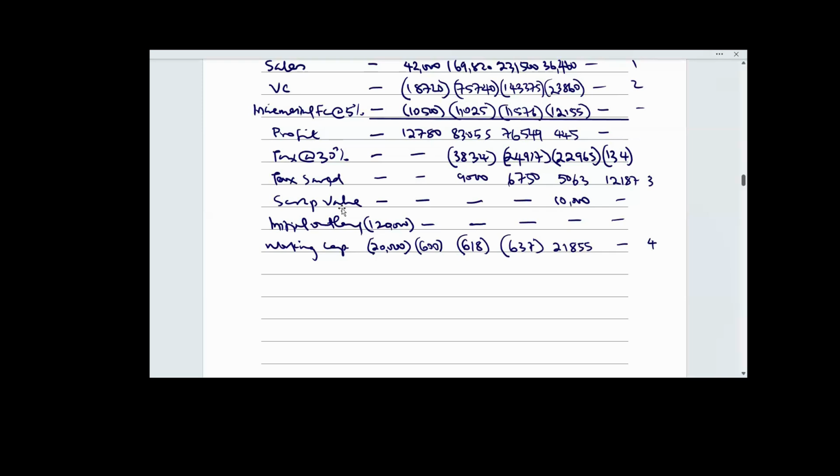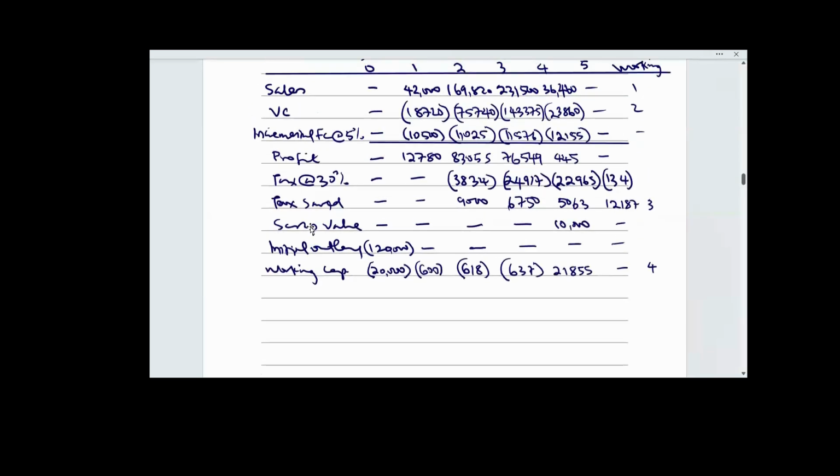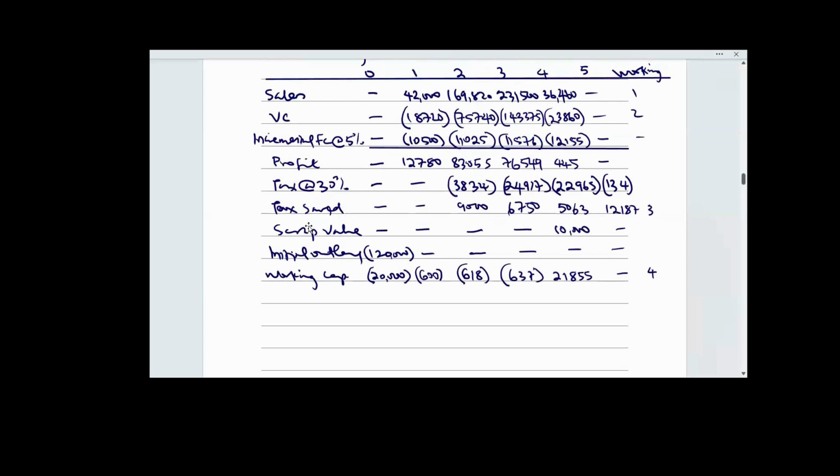All right. So at this point, we need to determine the net cash flow. Let me write this one. This is 917. So let's determine the net cash flow, please. Here is 140,000. 12,780 minus 600.